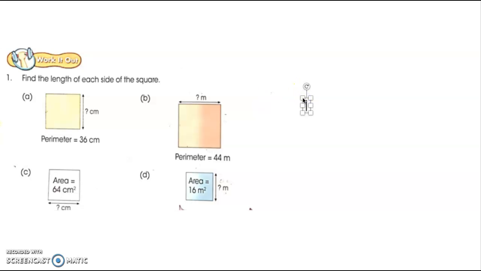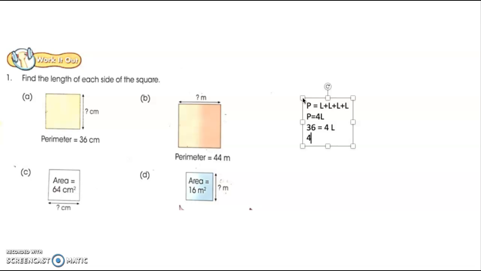For part A, I will say the perimeter of a square is equal to length plus length plus length plus length. So the perimeter is equal to 4L. So 36 is equal to 4L. I will just flip it.